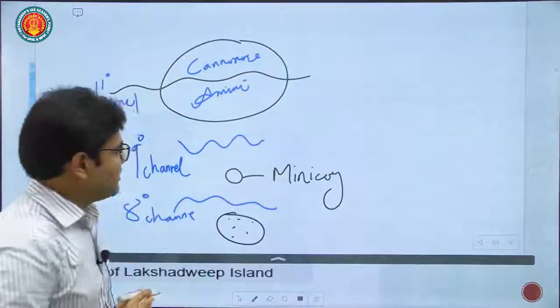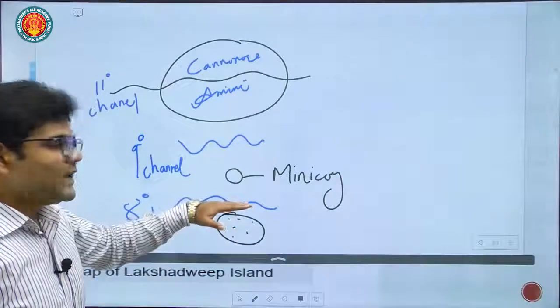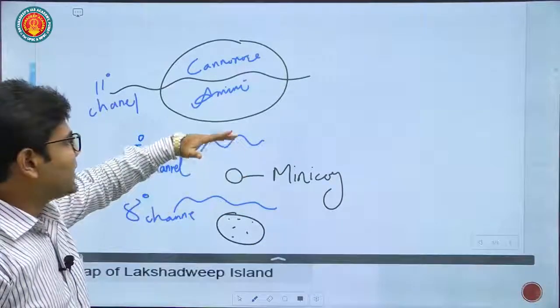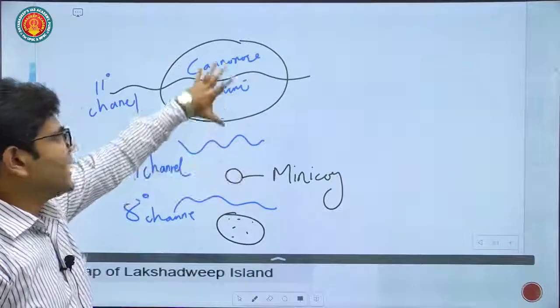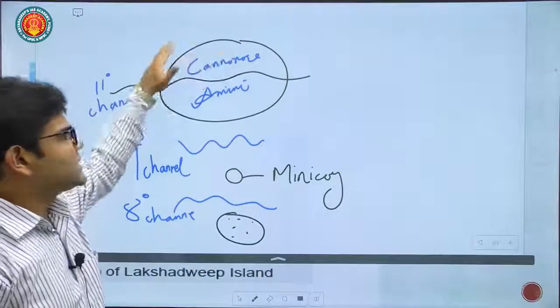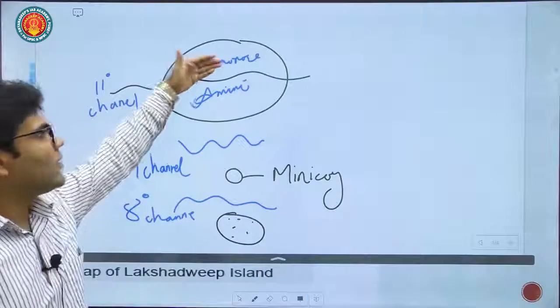Fine. So, the nation of Maldives, then the 8-degree channel which separates Maldives and Minicoy. Then the 9-degree channel which separates Minicoy and the main Lakshadweep Islands. And the main Lakshadweep Islands are separated by the 11-degree channel from the Cananor Islands and Amini.